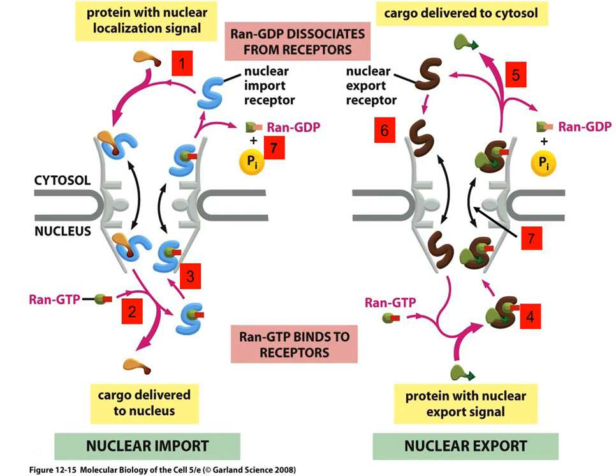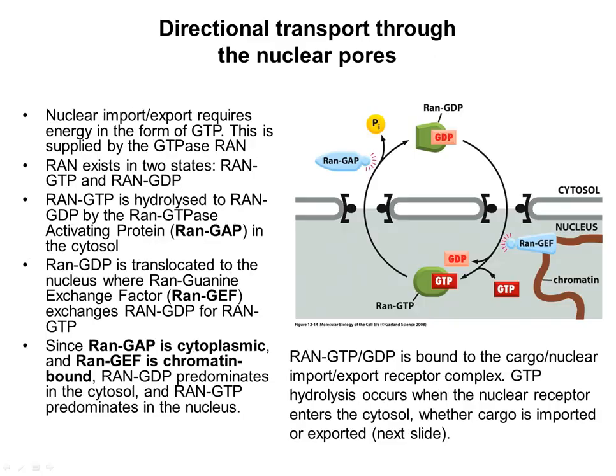So one question you might be asking is, how does RAN-GDP make its way into the nucleus to allow it to become phosphorylated, as we saw on the earlier slide? Because here we can see RAN-GTP going this way, and we can see RAN-GTP also going this way, but we've not really seen it coming in. And on the previous slide we see this cycle going on, which shows that RAN-GDP can enter the nucleus, and it obviously exits the nucleus on the nuclear export receptor, either with or without cargo.